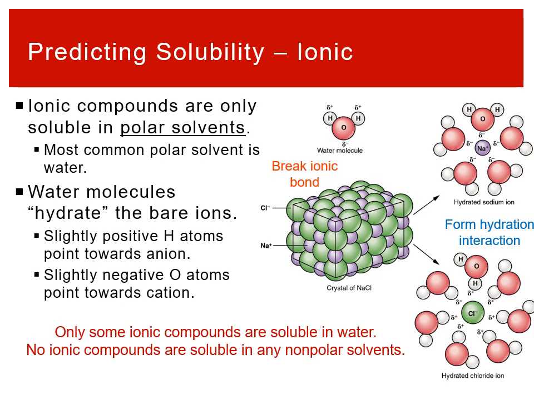So when we apply it to ionic compounds, what we can say is, first off, ionic compounds are only soluble in polar solvents. If you remember, the whole point of polarity is that, for example, in a water molecule, you have a positive side to the molecule and a negative side to the molecule.